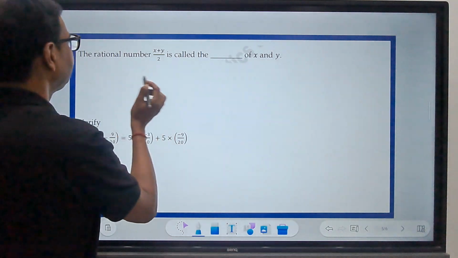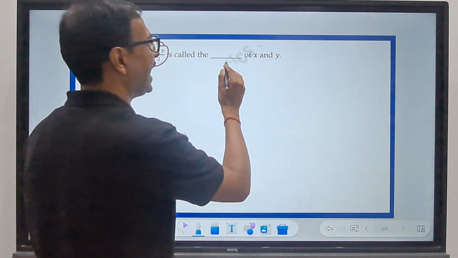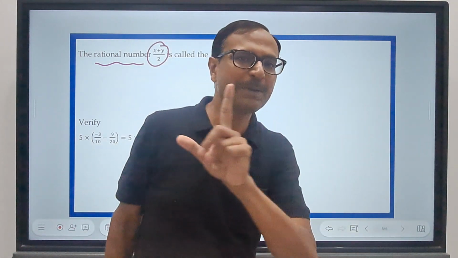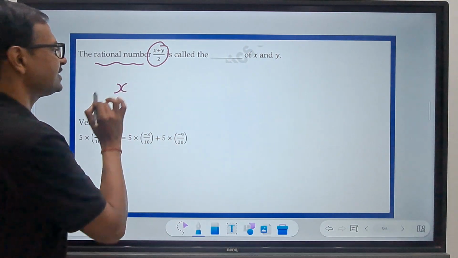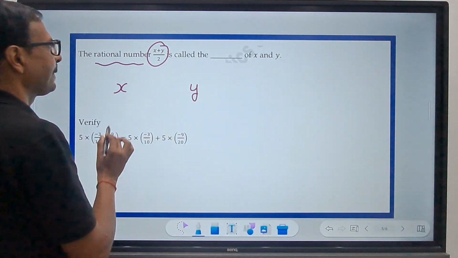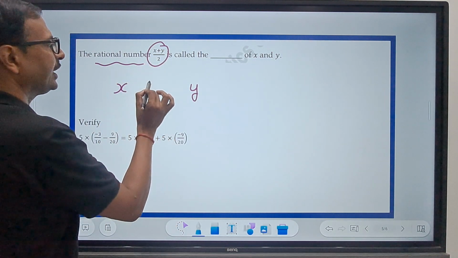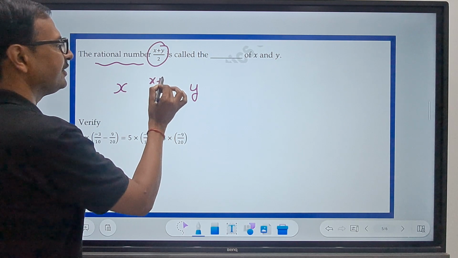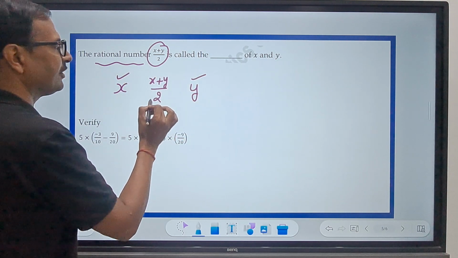Okay, there's a fill up here. The rational number x plus y upon 2 is called dash of x and y. So I took this up in my first question in this video. What do you say? See, x is here, y is here, and what are we doing? We are doing x plus y, we are adding them, the first and the last number, and taking the half of that.